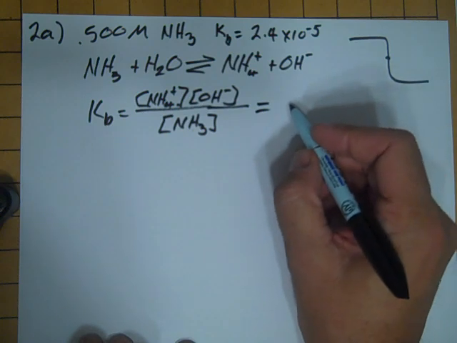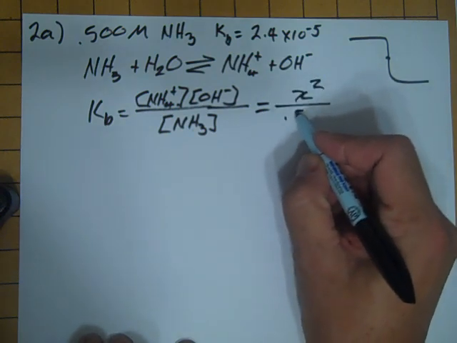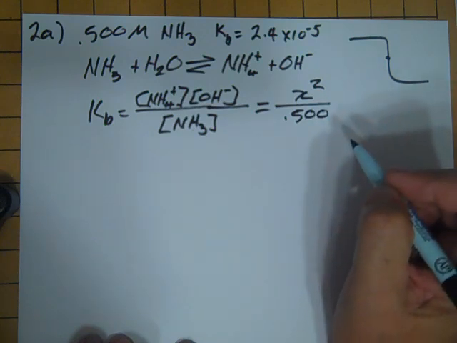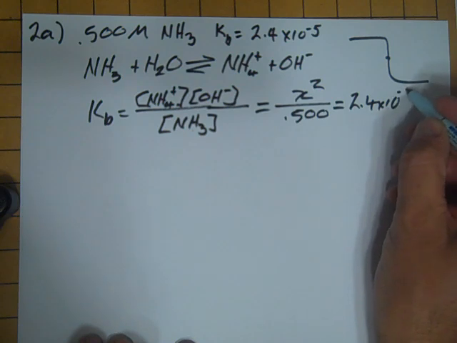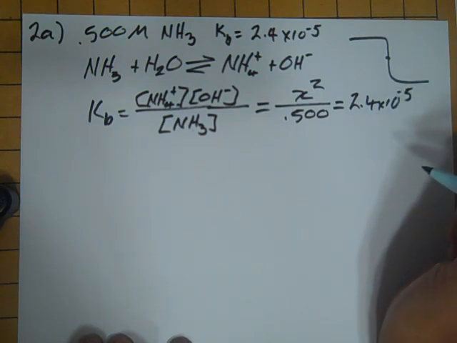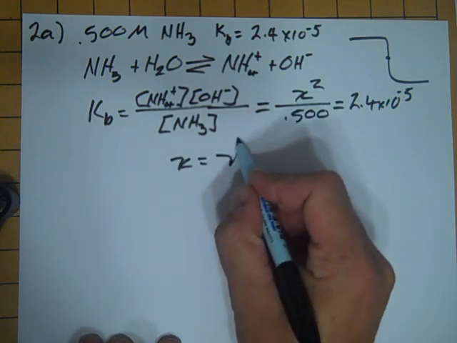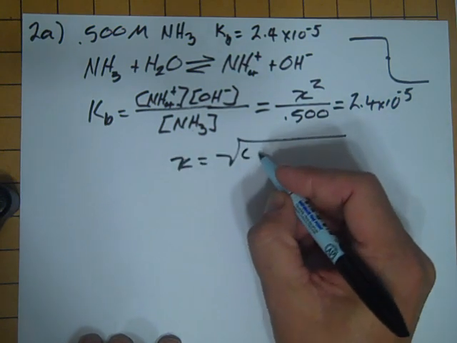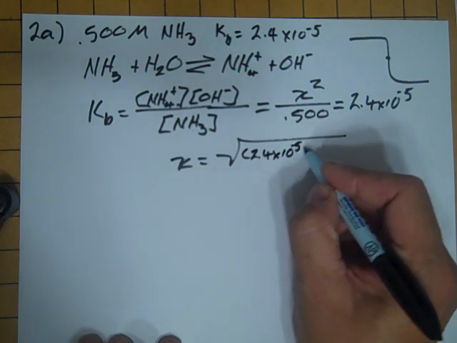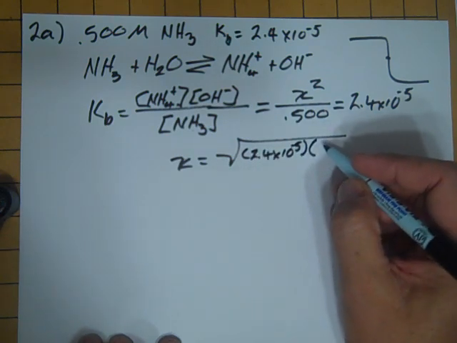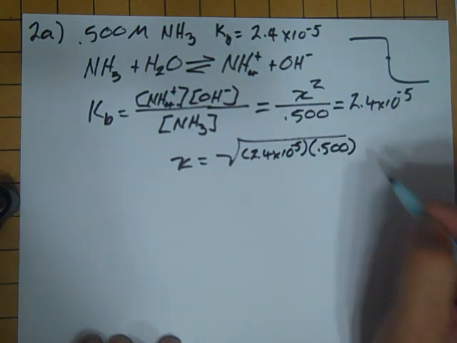So this should look familiar by now. We are going to have x squared over 0.500, and that's going to equal Kb, 2.4 times 10 to the minus 5. So x is going to equal the square root of Kb, 2.4 times 10 to the minus 5, times the concentration of the weak base, 0.500.